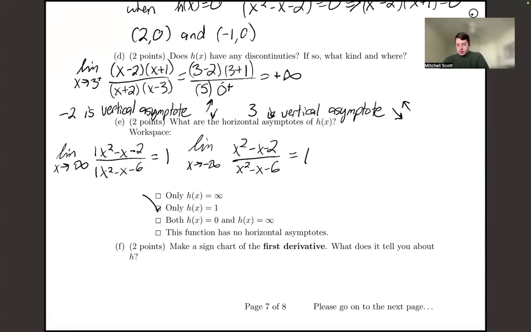So what I'm going to do is make a sign chart of the first derivative. Okay. This, we're going to have to do the quotient rule.